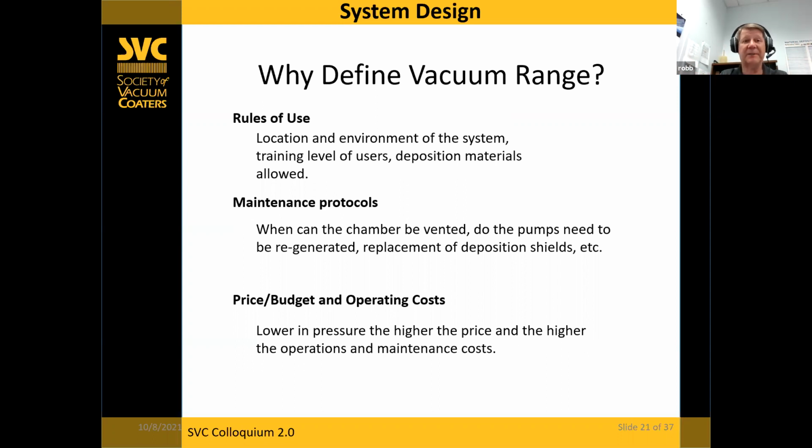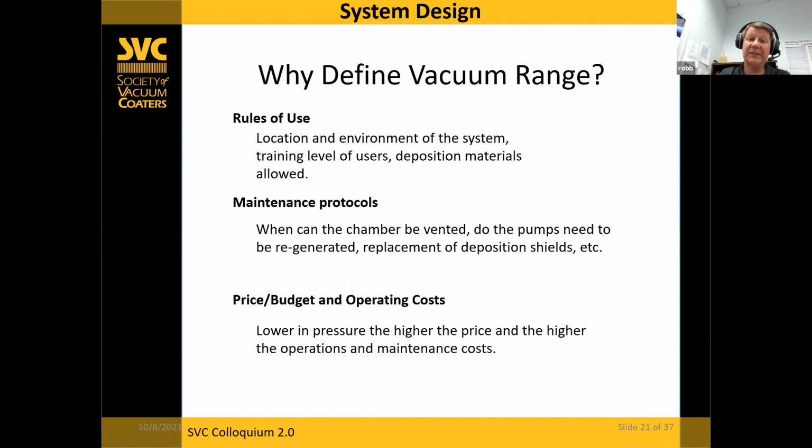The vacuum range is also going to probably set your price, or should set your budget and dictate operating costs, because, as I explained before, the lower you go in pressure, the more it's going to cost to get there, and the more it's going to cost to maintain, and the more it's going to cost to keep it at that low pressure, and the more you're going to have to train people.